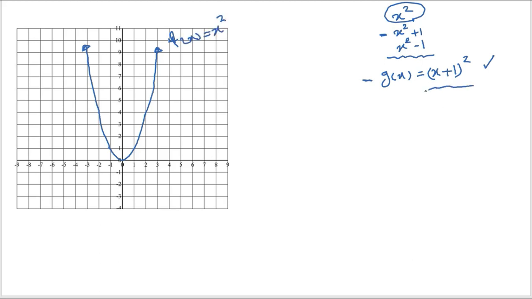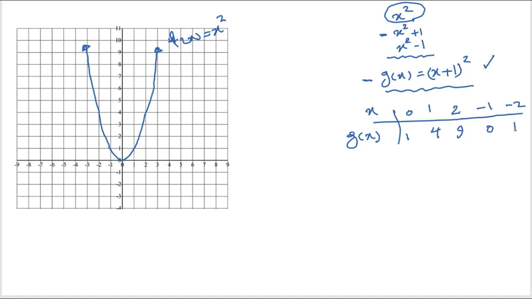Now g of x, if I give points x, g of x, let's say 0, 1; 1, 1 plus 1, 2, squared 4; 2, 2 plus 1, 3 squared, 9; negative 1, 0; negative 2, negative 2 plus 1, negative 1 and 1.